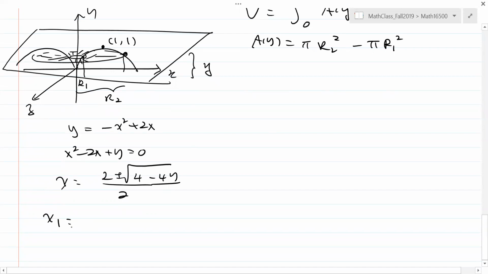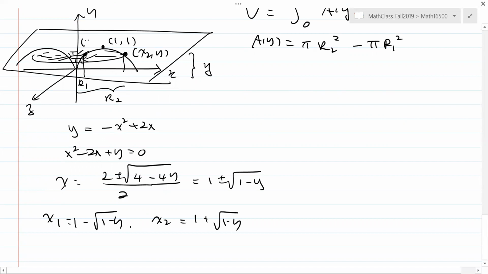X1 is the smaller number, and X2 is 1 plus the square root of 1 minus y. So the corresponding points on the graph are x2 and y, and x1 and y. So R2 is x2, R1 is x1.